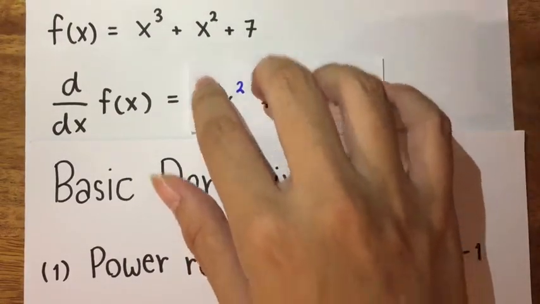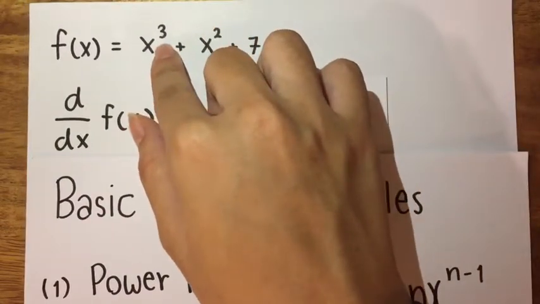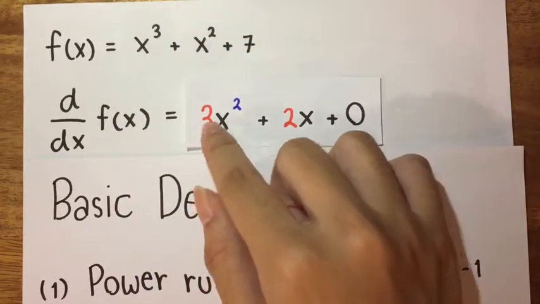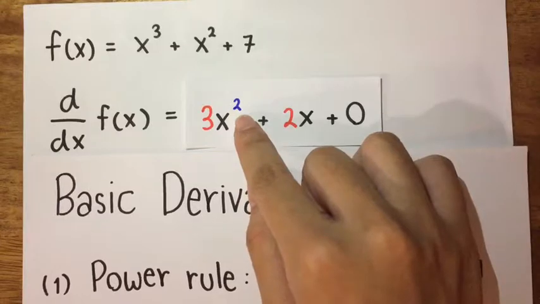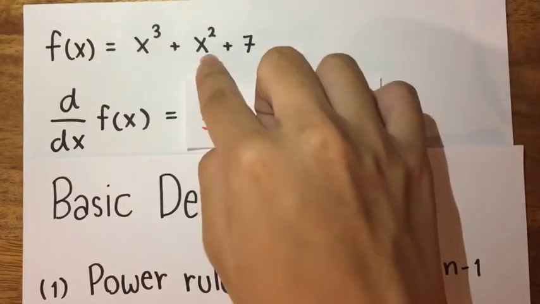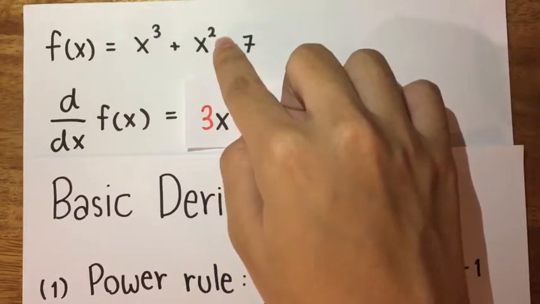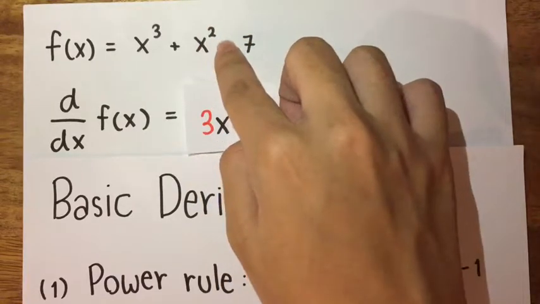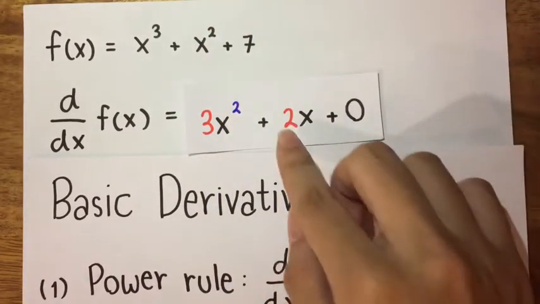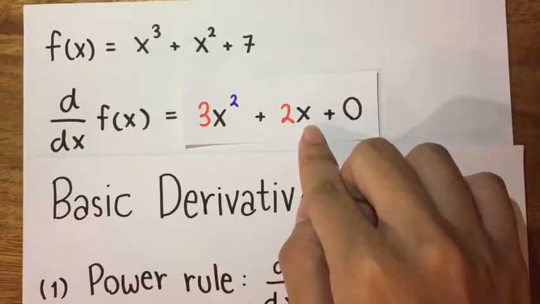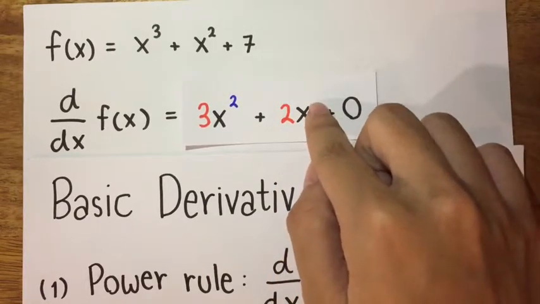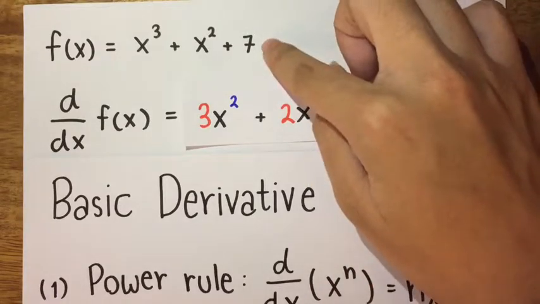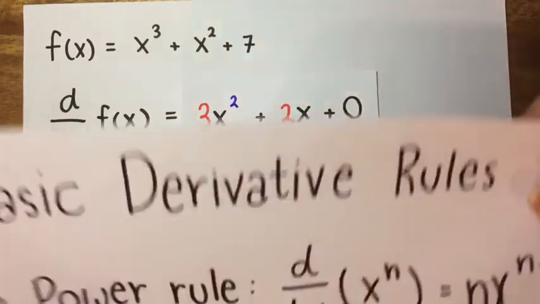So here 3 moves to the front, and 3 minus 1 is 2. The same thing as x squared right here. So 2 is multiplied to the front, and 2 minus 1 is 1. So you get 2x to the power of 1, which we are not going to write. And 7 is a constant.